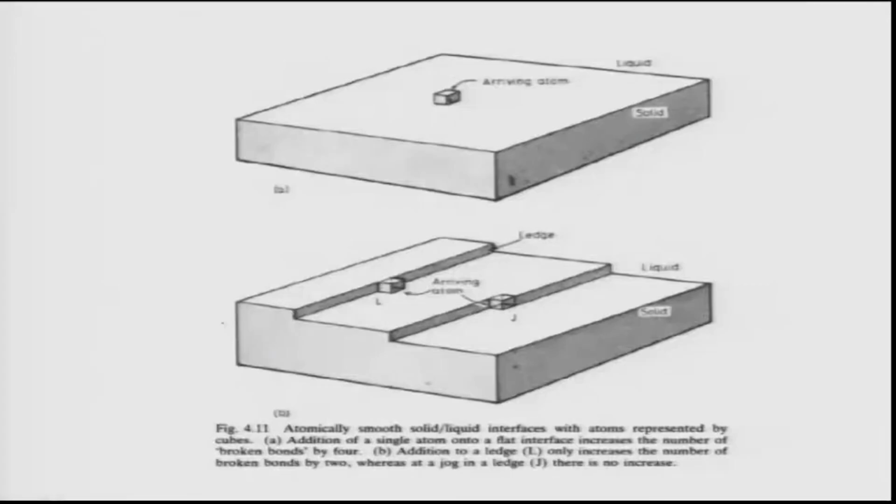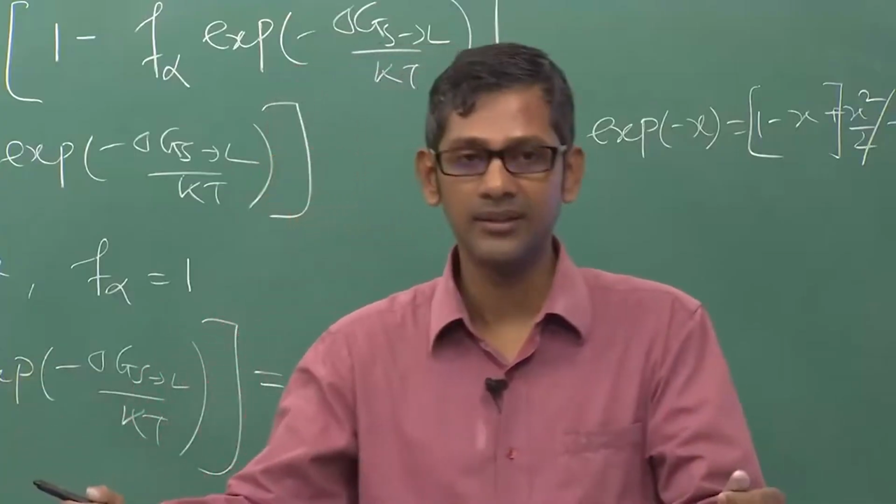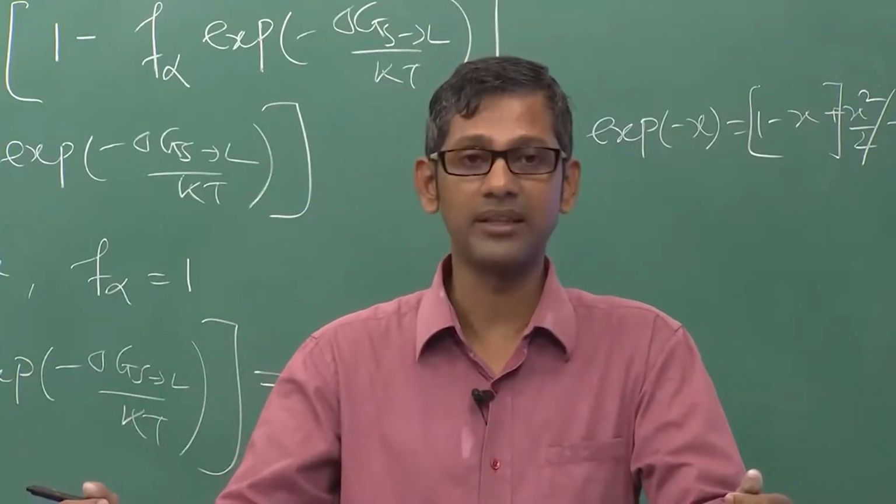Well, let us suppose, this is again taken from Porter and Easterling, if I have a solid and a liquid, and the interface is very flat. Then if an atom from the liquid jumps and sits on the surface of the solid, it will only satisfy one bond. Suppose this cube is considered to be an atom, and for all bonds to be satisfied, all 6 sides must be attached to something, right?